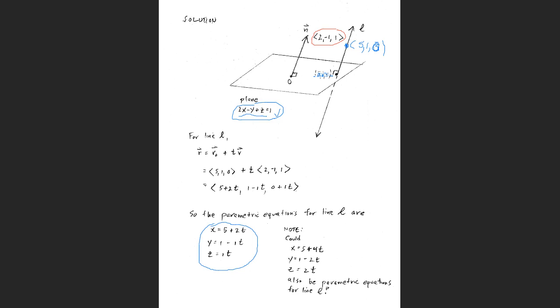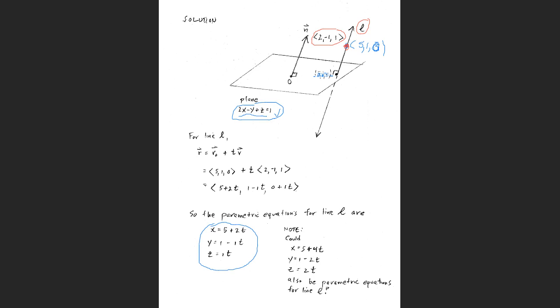I'll prove that to you a little bit later today. But basically, for this line L, we know that it passes through a point, and we know what direction the line goes in. So that's enough information for us to uniquely determine the parametric equations of the line.